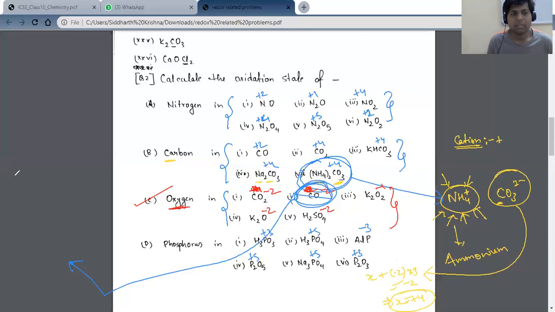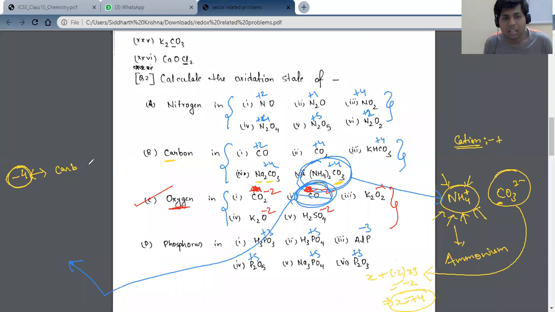Wait a minute. Who is having this doubt? Sir, Anushruta. What is your doubt? Sir, it should be -4. Why should it be -4? Because carbon has oxidation state of 4. No, carbon does not have oxidation state of +4 always.